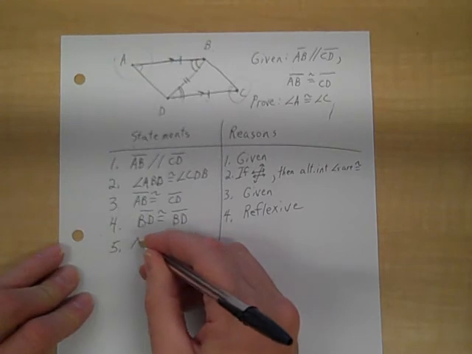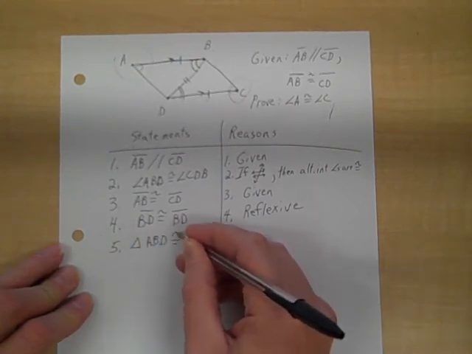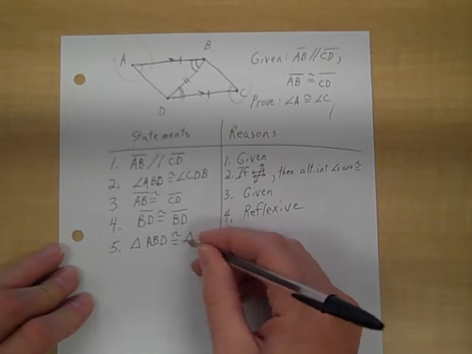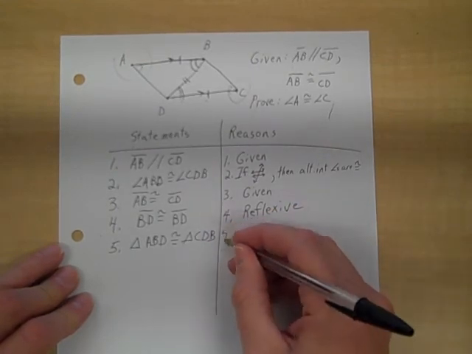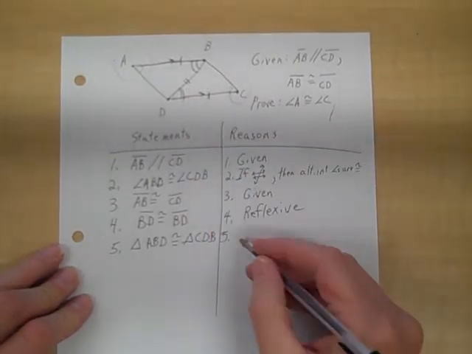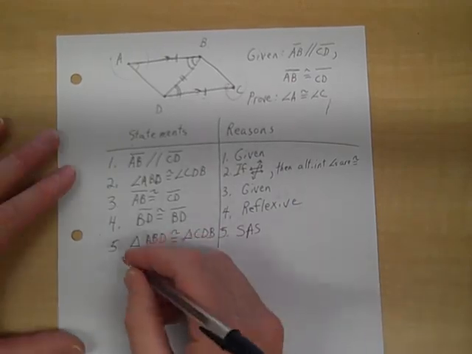So I'm going to go triangle ABD is congruent to triangle CDB because of side angle side. And you only have to write SAS for that.